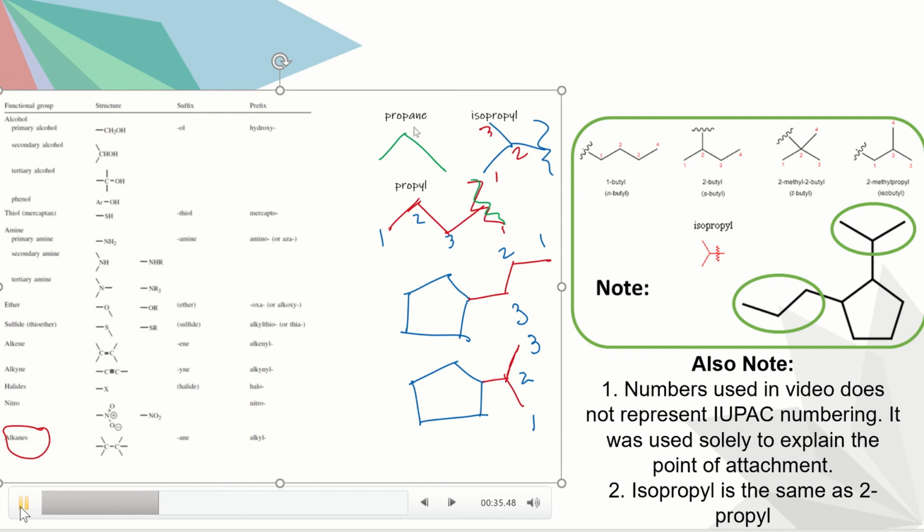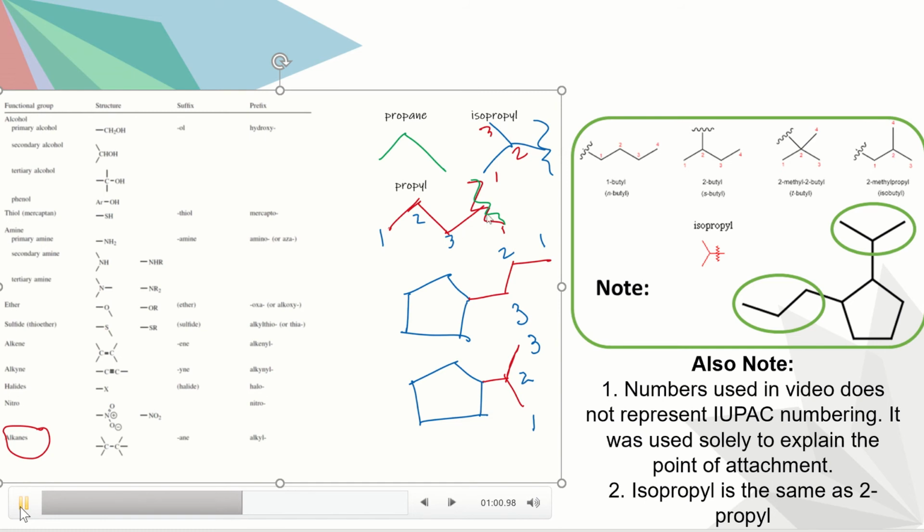All right. So again, we know for propane, isopropyl, and propyl, we have 3 carbons. That is common. So let's look at our substituents because we must already know and understand propane. So what we're looking at here is the point of attachment.